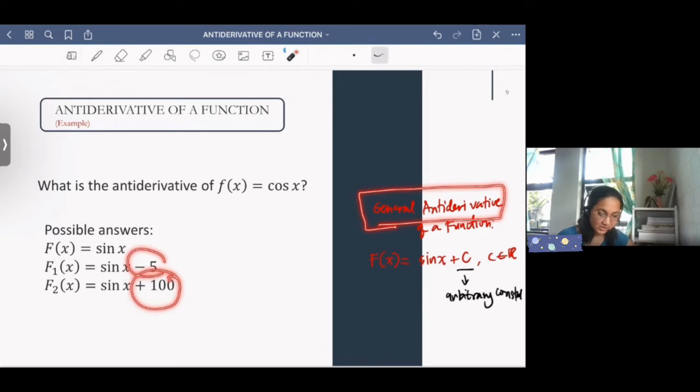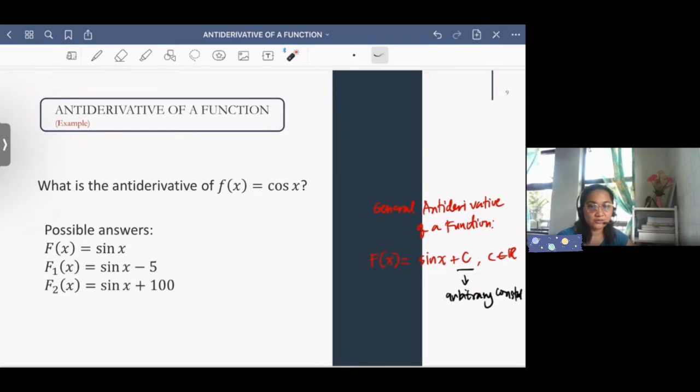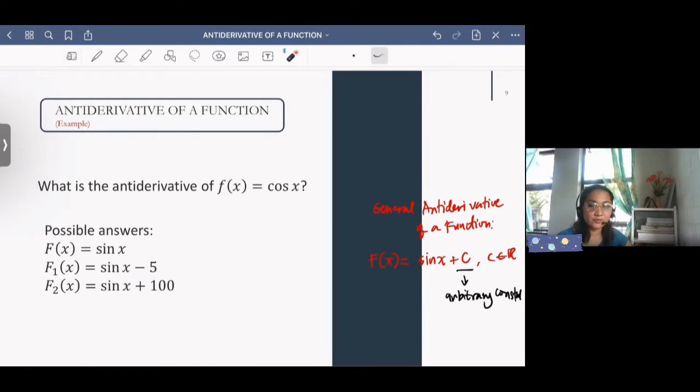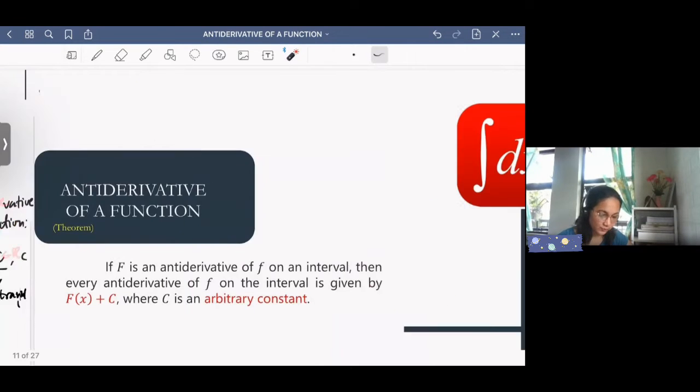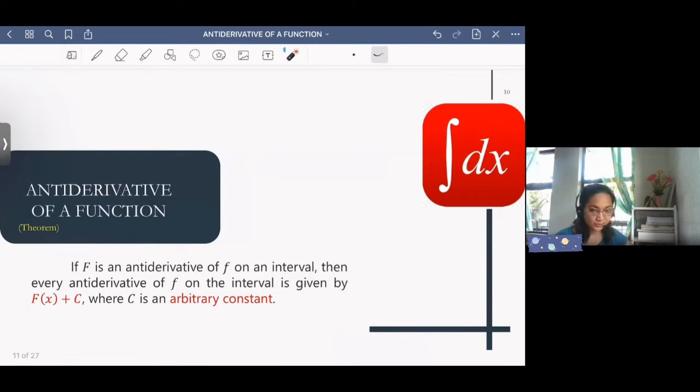These constants are represented by our arbitrary constant C. But if we have one specific constant, then we call that again the antiderivative of a function.